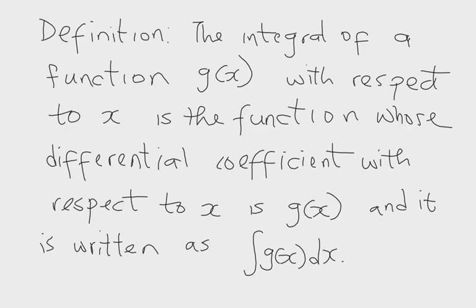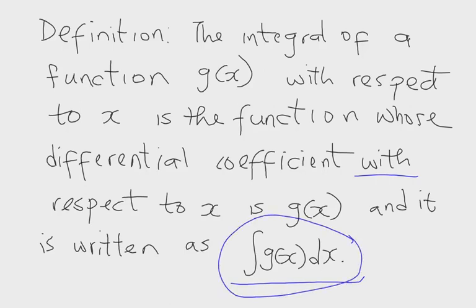Now, so we're saying that the integral of a function g of x with respect to x is the function whose differential coefficient with respect to x is g of x, and it is written as the integral of g of x with respect to x.